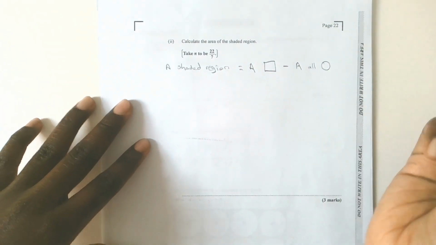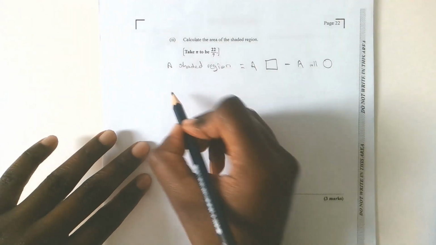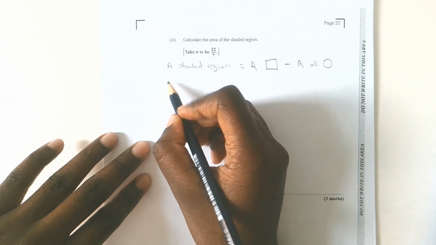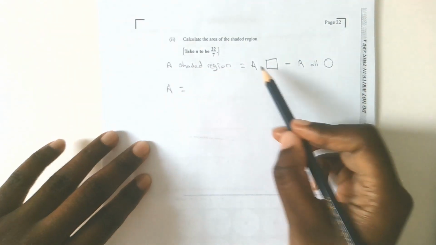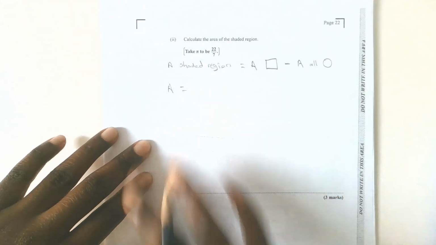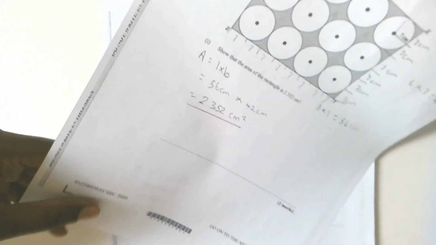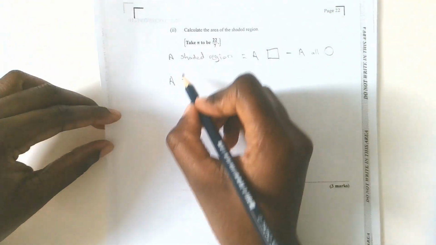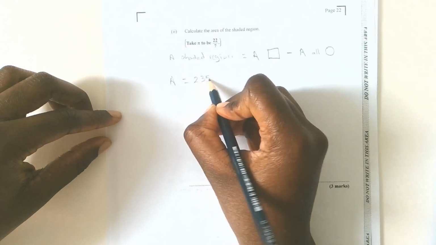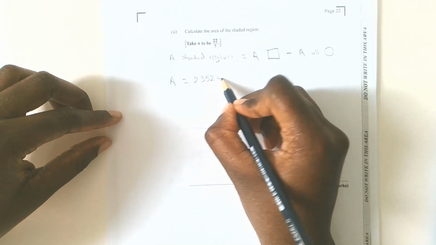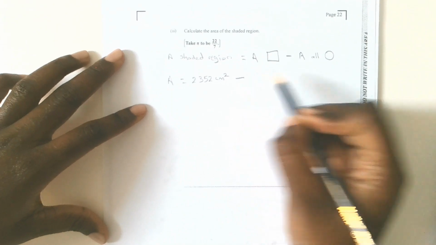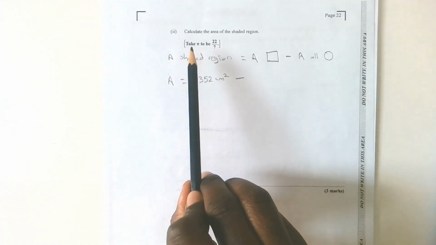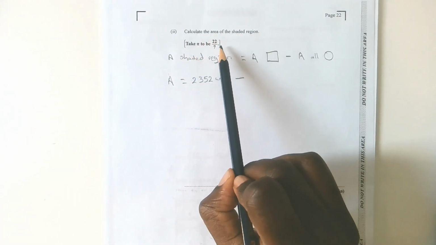We know the area of the shaded region is going to equal the area of the rectangle, which we calculated as 2,352 centimeters square, minus the area of all the circles, and we're told to take pi to be 22/7.